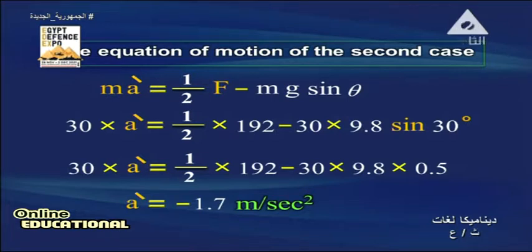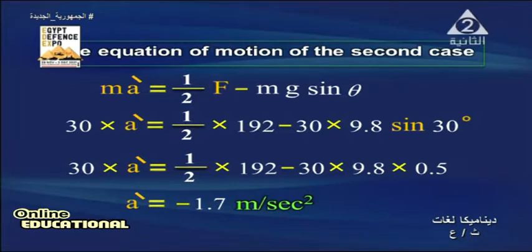What is the meaning of negative 1.7 meter per second square? The acceleration here is negative. This means the velocity of the body decreases until the body comes to rest, changes its direction of motion, and turns and moves downward the plane.